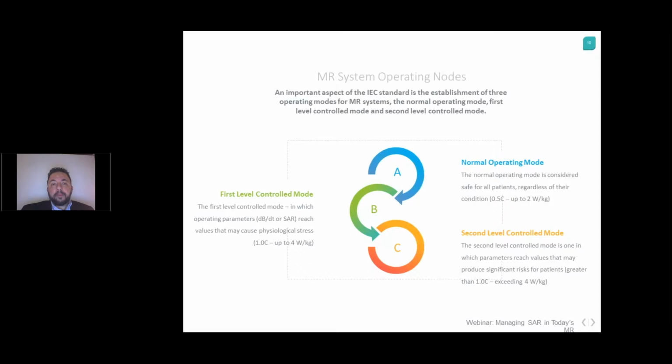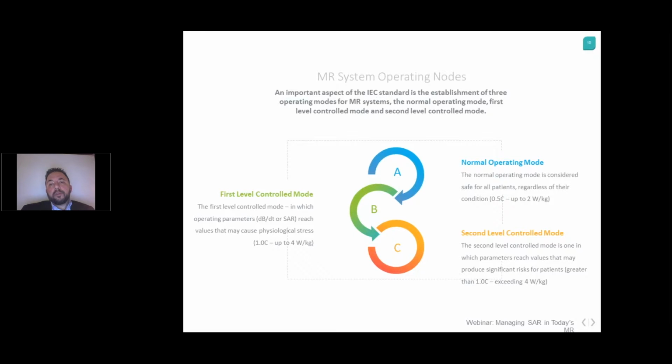This is typically fast scanning modes, right, that can reach thresholds of heat or temperature rise. Most systems are going to stay within normal operating mode, considered safe for all patients, regardless of their condition: only a temperature rise of up to 0.5 degrees Celsius, or SAR limitations of up to 2 watts per kilogram. That would be normal operating mode, not fast scanning, not fast sequences on your scanner.